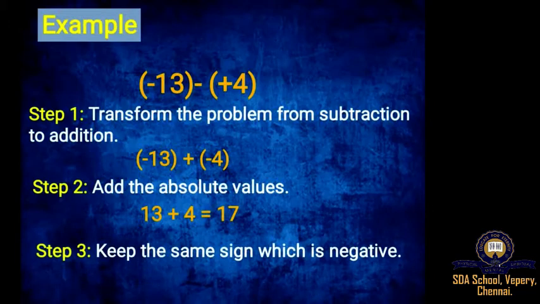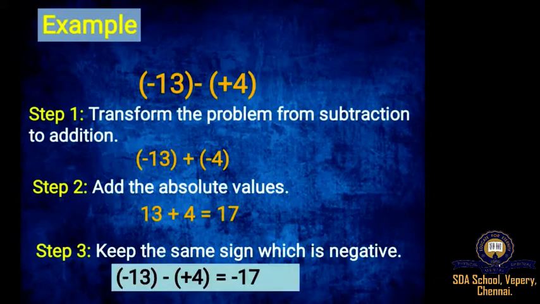And next, since both the numbers have a negative sign, we have to keep the same sign, which is negative, because minus plus minus will give you a negative integer. So minus 13 minus plus 4 is equal to minus 17.